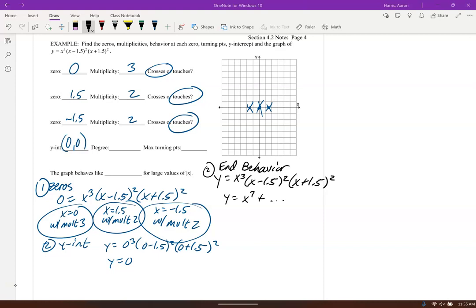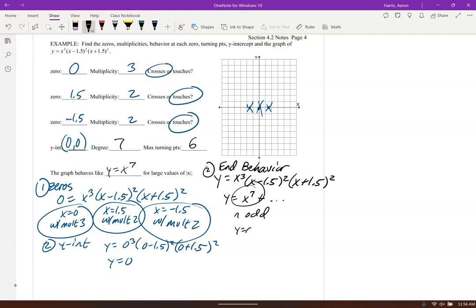The y-intercept is 0. The degree ends up being, if you multiply this whole thing out, x to the 7th, so it'll have at most 6 turning points. It's going to behave like x to the 7th for large values of the absolute value of x. In other words, that's your power function. So n, the degree, is odd.